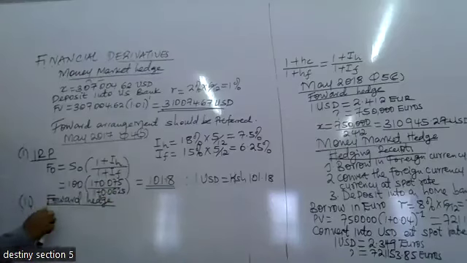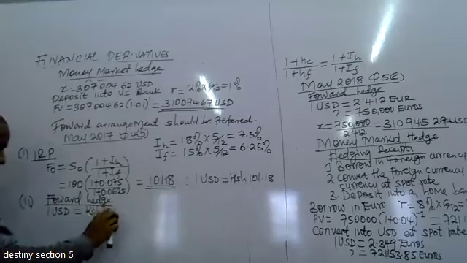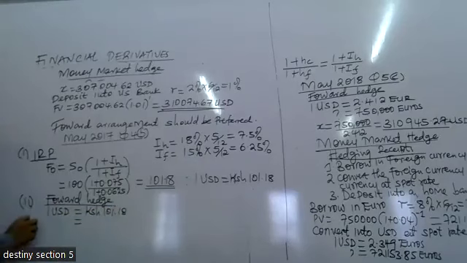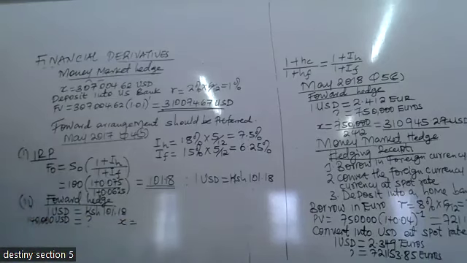Forward hedge: 1 USD is equal to how many Kenyan shillings? 101.18. Now you ask yourself, it is expecting to receive 140,000 USD, to be how much? So in forward hedge, you will receive how much?